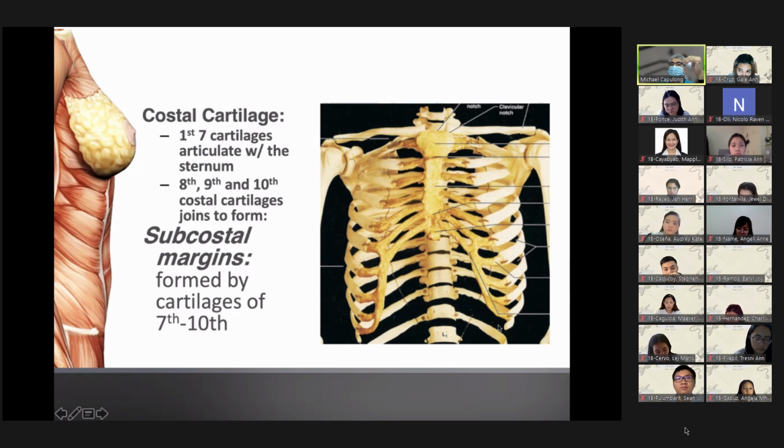But the diaphragm anatomically will be attached here at the edges of your subcostal margin. So that's why we use it as a landmark for the subdivision of your thoracic and your abdominal cavity.